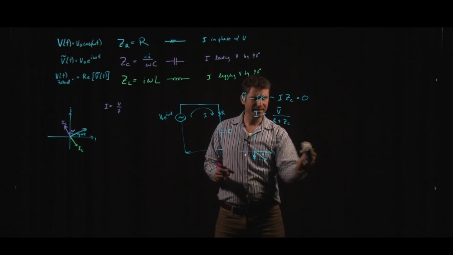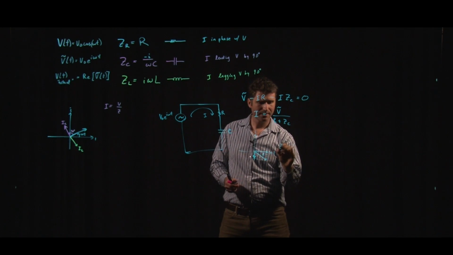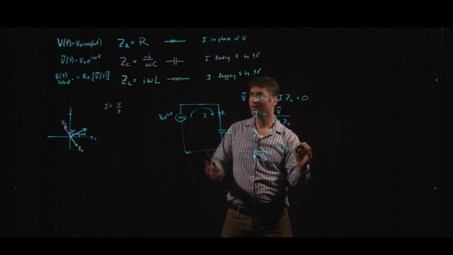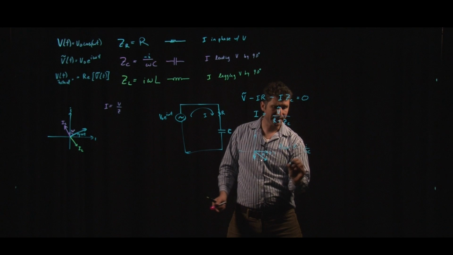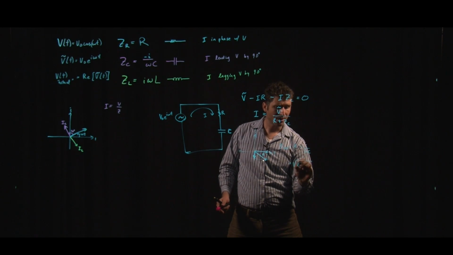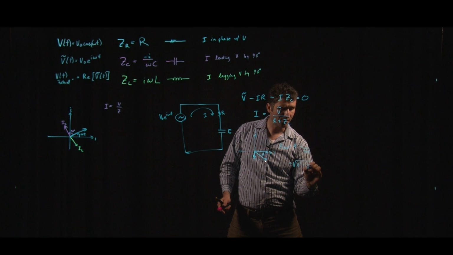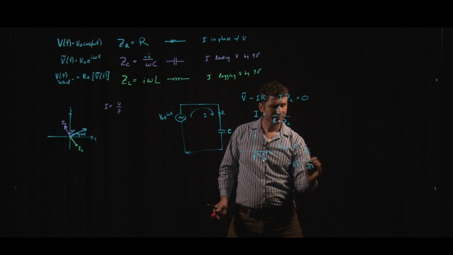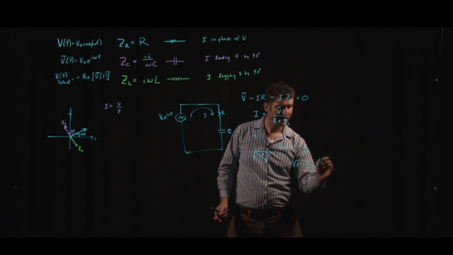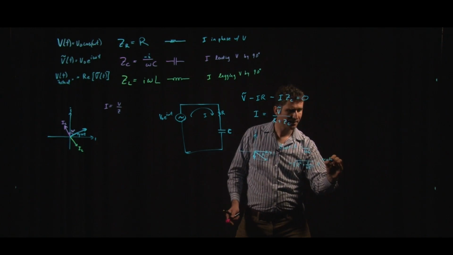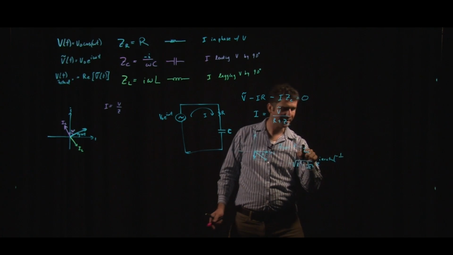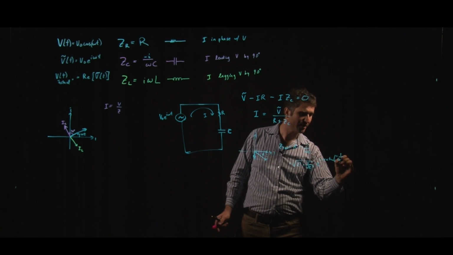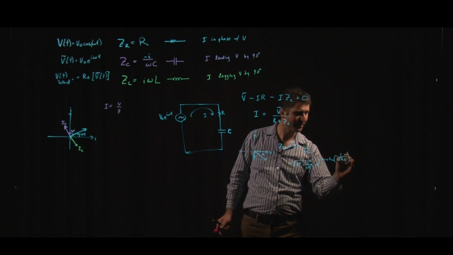Z total is equal to R minus i over omega C. That's also equal to the square root of R squared plus 1 over omega squared C squared, times e to the i arctangent of minus 1 over omega C over R, so minus 1 over omega RC.